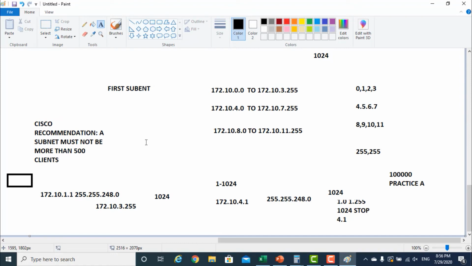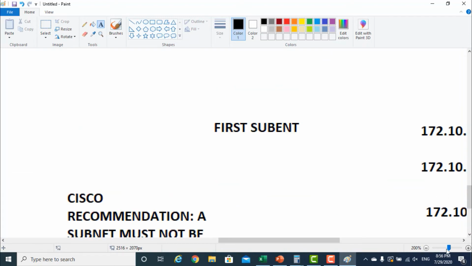So we don't even need to do subnetting for class A. But if you want, for example, to go for a 100,000 IP range from class A, you will see how to do that. I hope you understand this, guys.